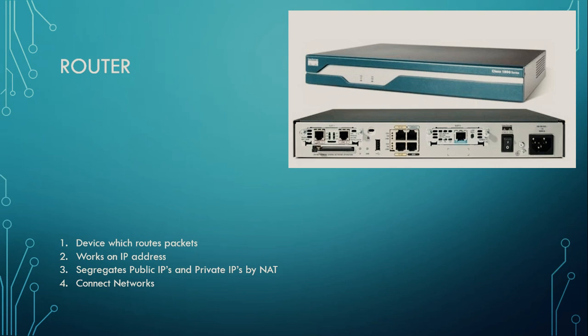That's it. So a router is a device which connects networks. Switch and hub create networks, router connects networks. It segregates public IP and private IP by NAT. NAT is network address translation.